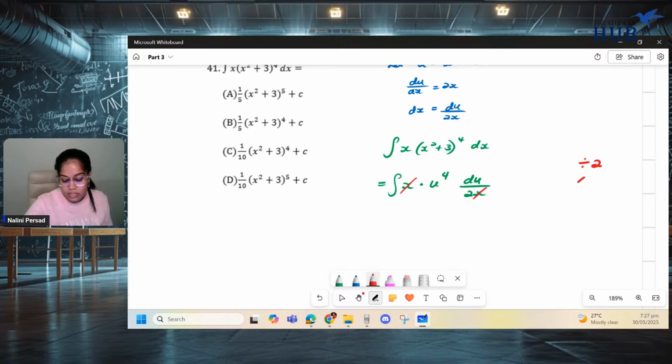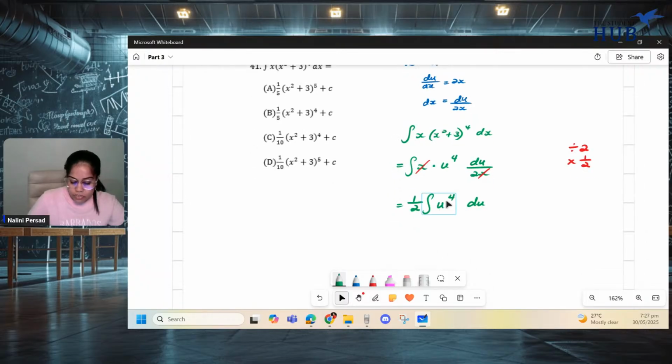Dividing by 2 is the same thing as multiplying by a half. So the constant that gets thrown outside is a half. So integral of u to the power 4, I add 1 to the power, and I divide by the new power. Don't forget your plus c.